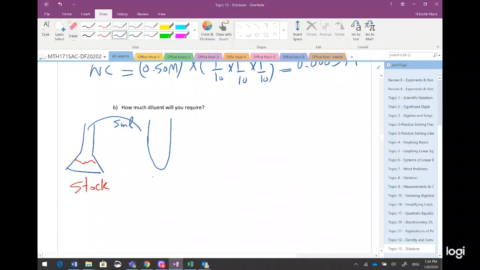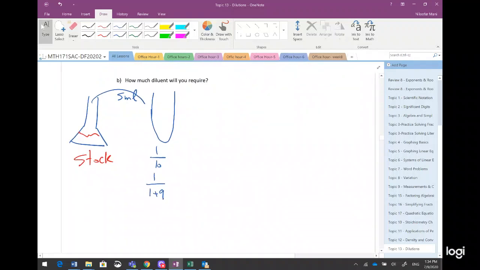What does 1 over 10 mean? 1 over 10 is 1 over 1 plus 9, so 5 milliliters is 5 milliliters plus 45 milliliters.